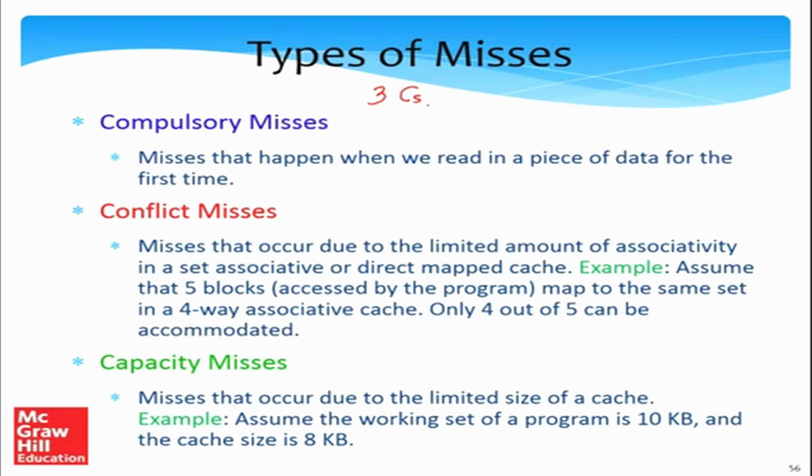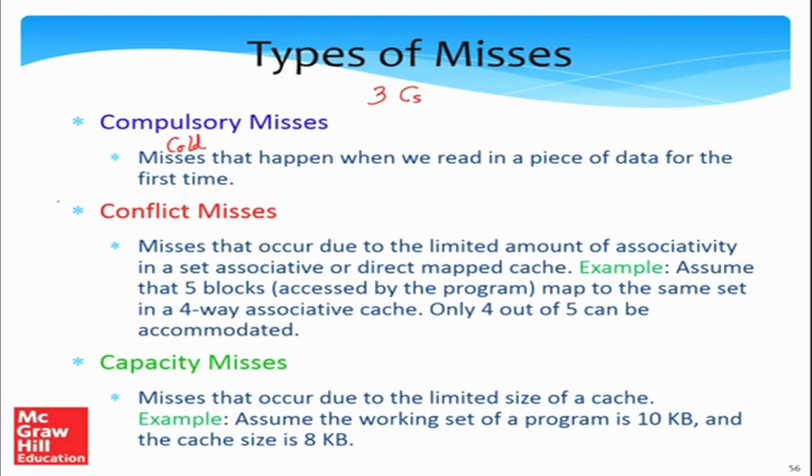These are misses that happen when we read in a piece of data for the first time, so they're also called cold misses. Compulsory or cold misses will happen when, for example, the program is starting up. None of the data will be in the caches, so we will need to read it for the first time, and these misses have to happen. They are called cold misses because when the program starts, it's cold.